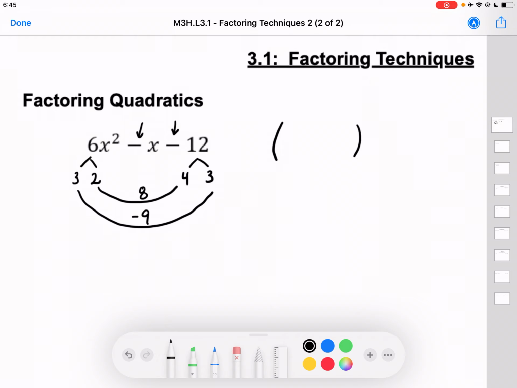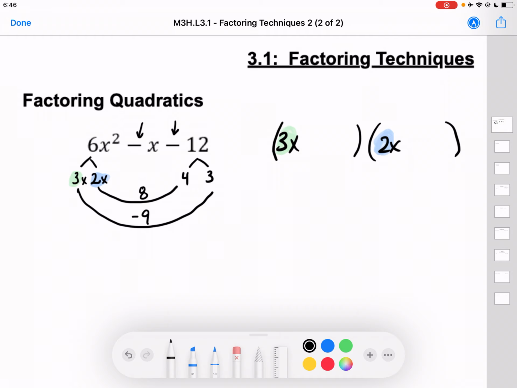So I'm going to highlight where all these numbers are going. That 3 is going to be with one of the x values. So both this 3 and that 2 are essentially our x's. So 3x and 2x we just put at the beginning. And then the 4 and the 3 will go on the end, but you've got to be careful where they go.